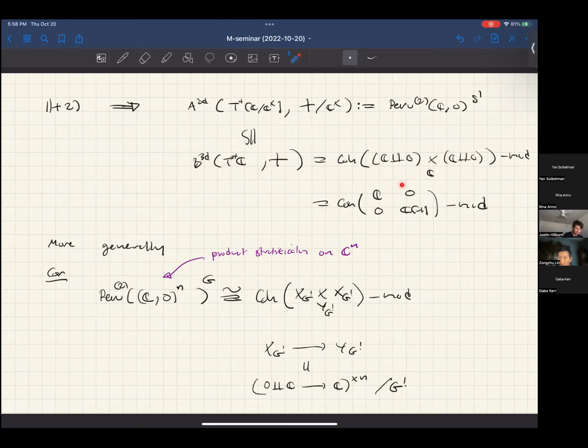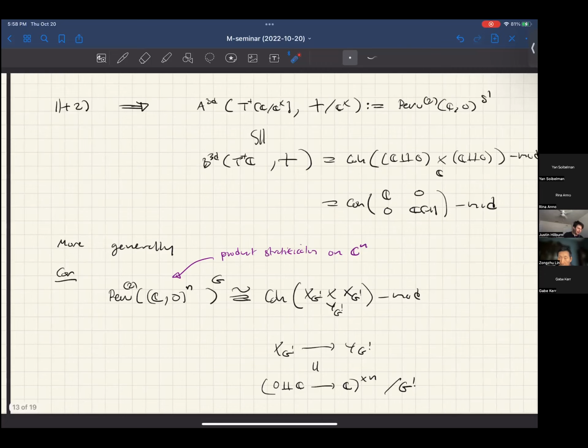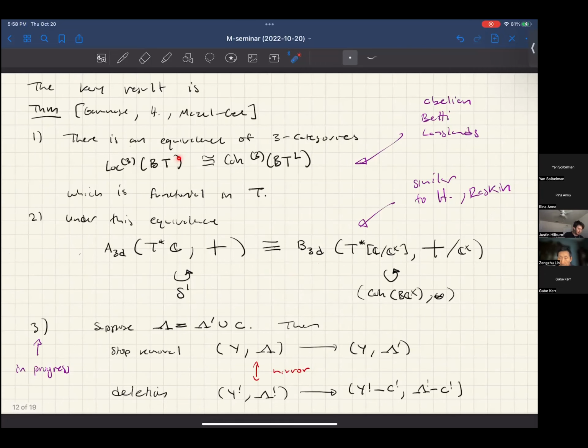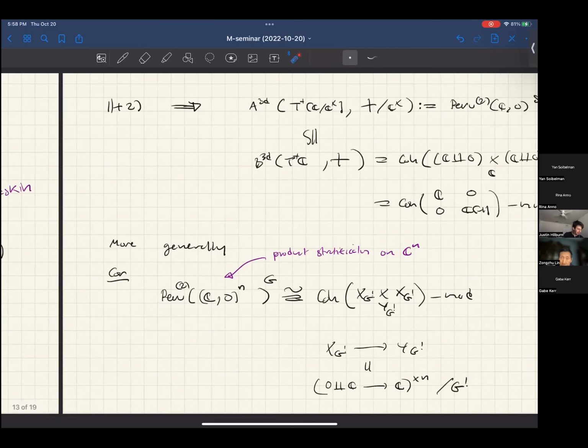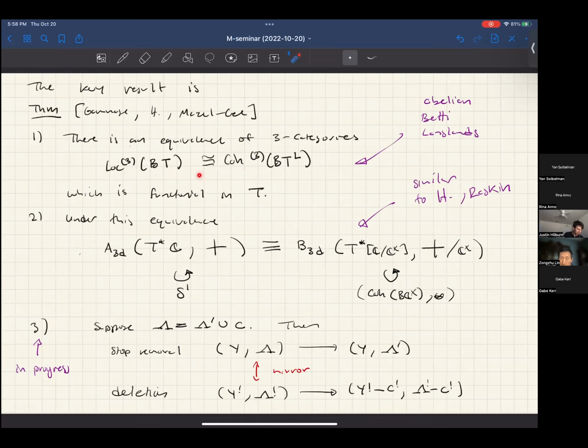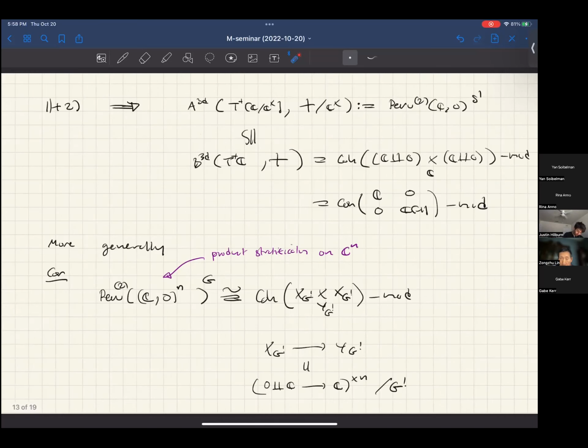This looks like the exact same matrix, except you just get rid of everywhere I'd modded out by C star before. And by these two facts together, you get that these are the same. So this is a consequence of this compatibility with the abelian Langlands correspondence. So this is very handy.